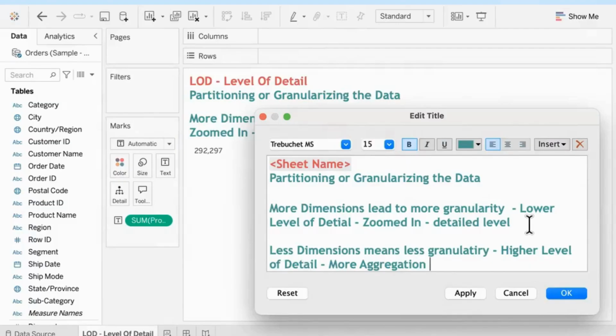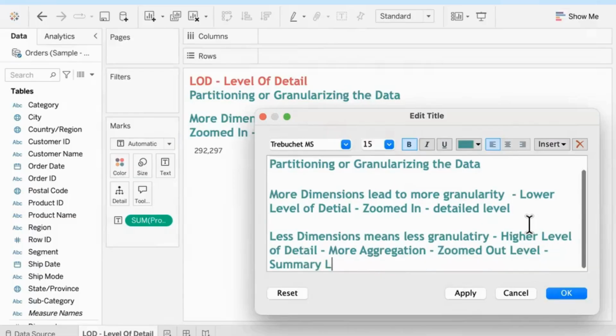So a lot of records, 10,000 odd records, need to be aggregated. So more aggregation, less dimensions. You are at a zoomed out level, or we are at a higher level of detail. We are at a summary level also, we can see.